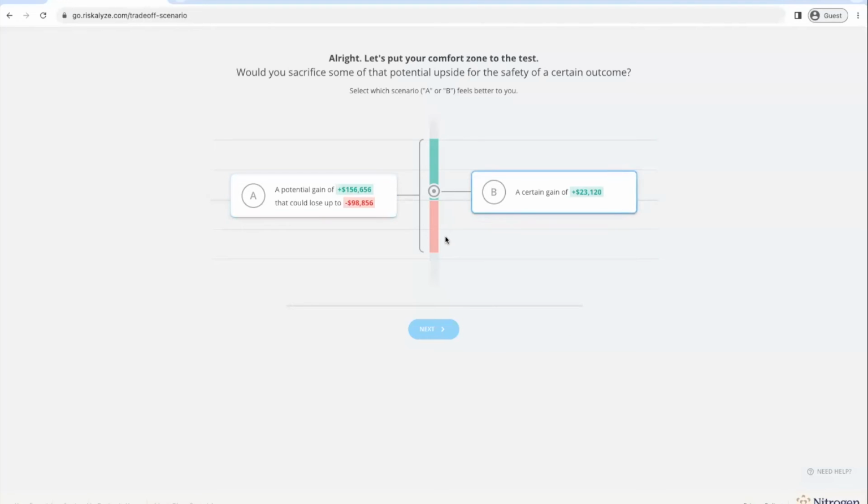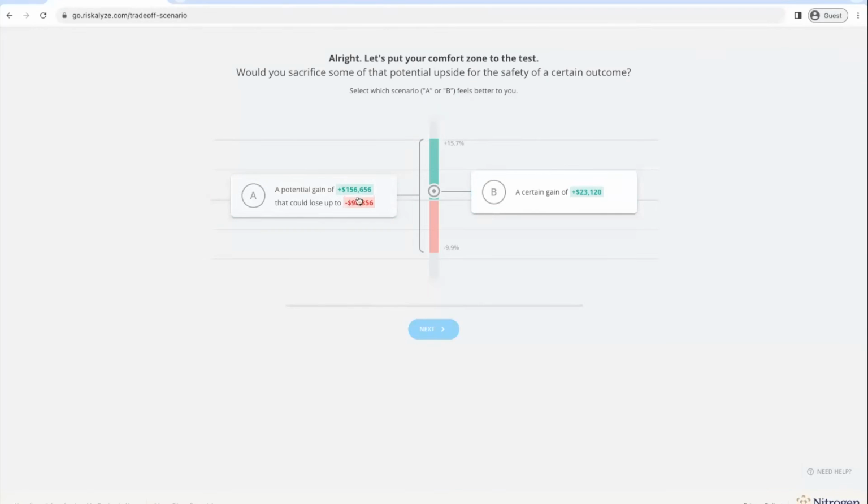Now, it's going to start to give us some different scenarios and put that comfort zone to the test. So would I choose this range of return? This is where that slider was on that very first screen. So, a potential gain of $156,000 or a potential loss of up to $99,000, let's call it. When you hover over these different options, it'll give you the percentages on this spectrum.